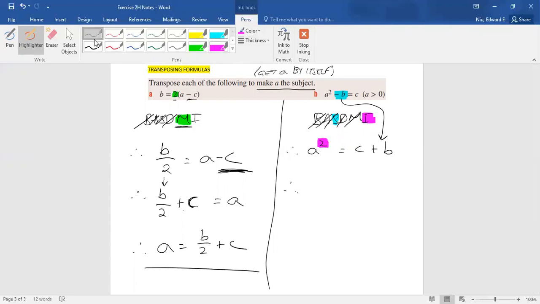How we get rid of this is, well, what's the opposite of a square? Can you have a think? How do we throw this to the other side? If you answered with the opposite of a square is a square root, you are correct. So to chuck this on the other side, we square root the entirety of the other side. Okay, so this is the opposite of a square.